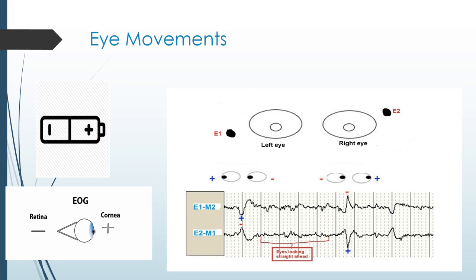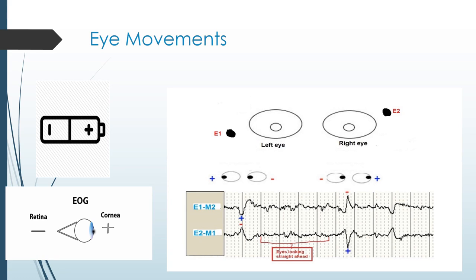When we ask the patient to look left, pictured in front of you, the cornea of the left eye will move closer to the left EOG electrode. This makes the output of the electrode, or what we see on our EOG channel, more positive, meaning that it's going to deflect downward.